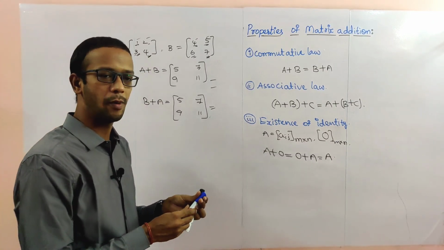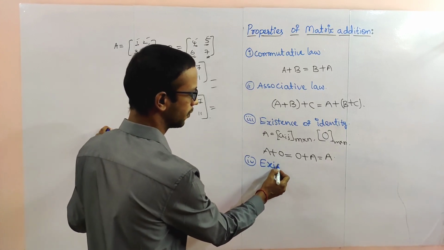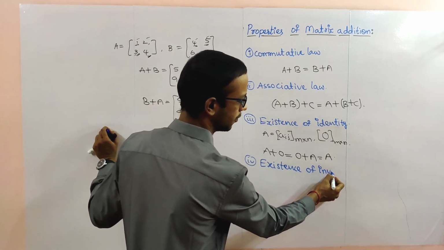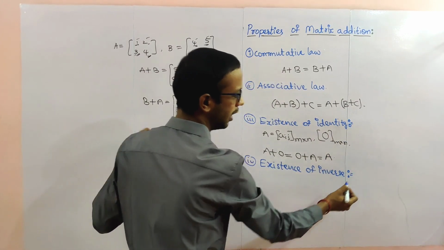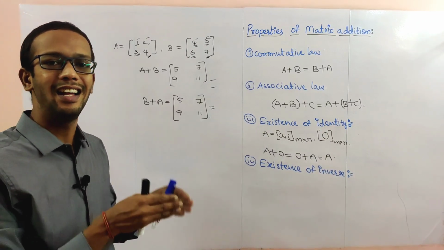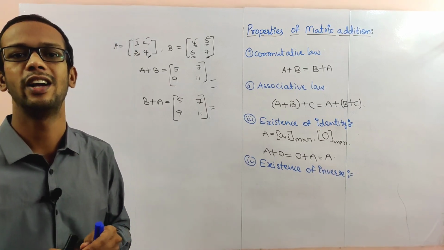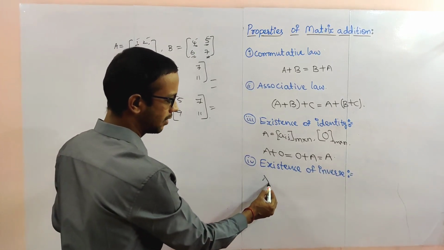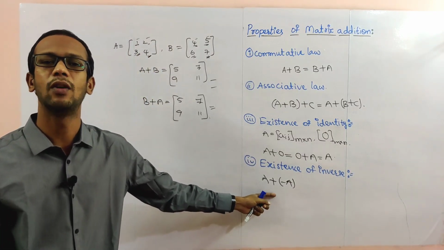Now one more property is there, that is existence of inverse. If you add to one matrix, any matrix, you have to get 0. That matrix is called additive inverse. For example, matrix A is there, plus minus A. Minus A means negative of matrix.